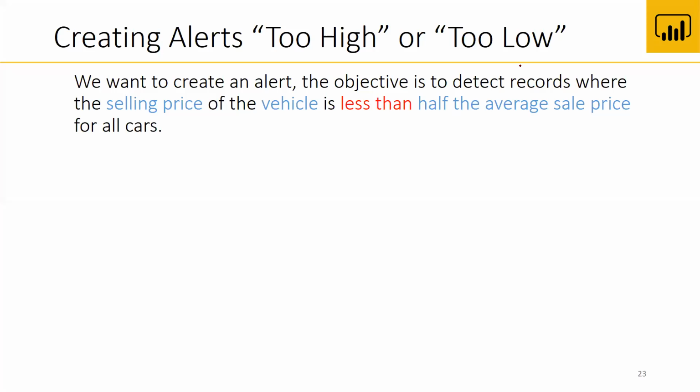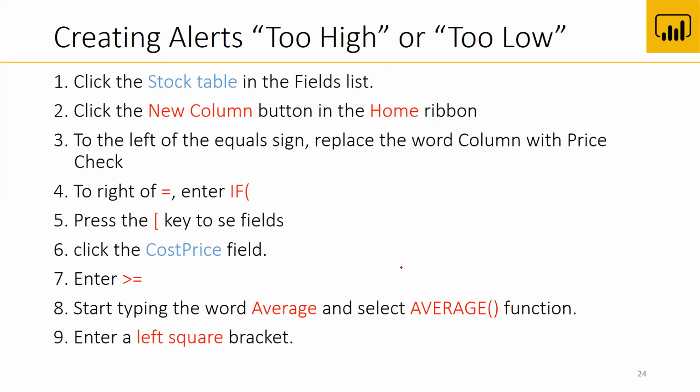Here we are going to create an alert. This alert is based on the selling price. If the selling price of the vehicle is less than half of the average price for all cars, then we have to create an alert of too low, otherwise it is too high. Now this can be done with the stock table, a new column, and using the if function.